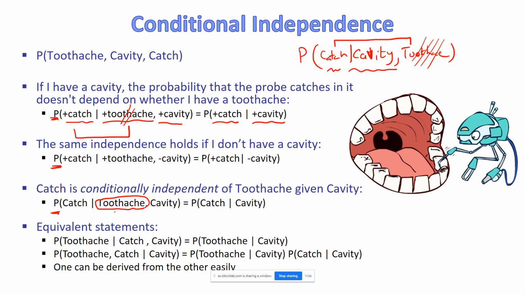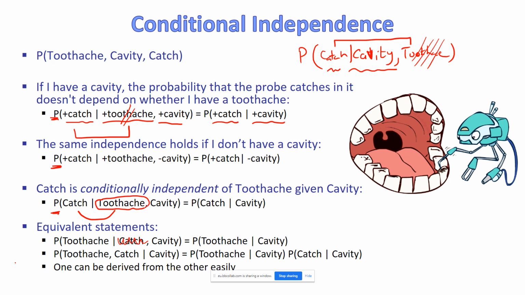So I can change the order of these two variables because we say that they are conditionally independent, right? So we can switch them. So I can say that probability of toothache given catch and cavity is equal to probability of toothache given cavity. So I'll just ignore catch here because they are conditionally independent.